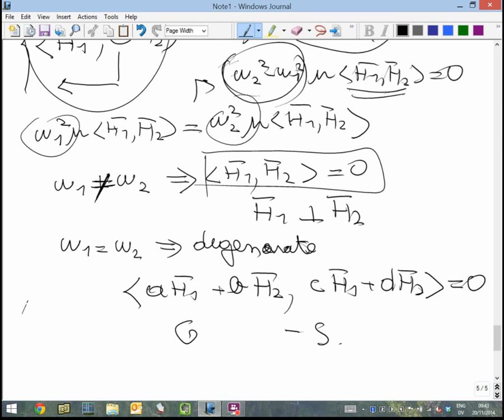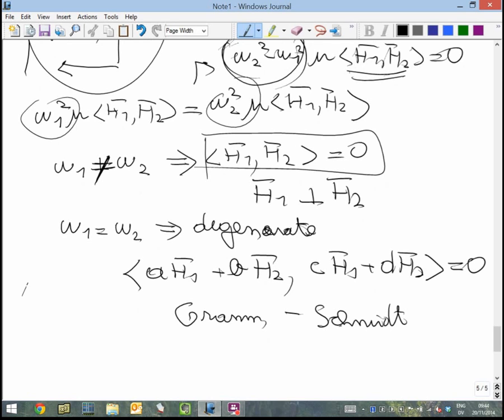Somebody remembers? I hear some whispering. No? Yeah, that's the Gram-Schmidt orthogonalization procedure. It's not really important for this course. I'm not going to ask you to construct such a linear combination, such an orthogonal set. I just wanted to make a link with something you've seen earlier in your career and hopefully still remember.